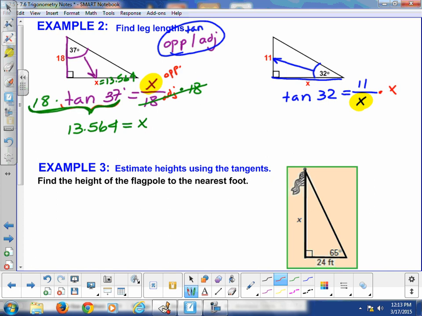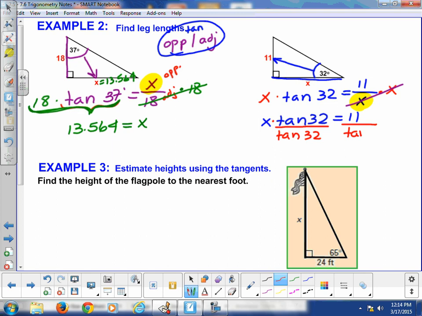I'll multiply each side by x, just like I would in an algebra class. And the x's on the right go away. And on the left, I'm left with x tan 32, and that is equal to 11. Well, now I still don't have x all by itself. Remember, this is being multiplied, and tan 32 is one number.